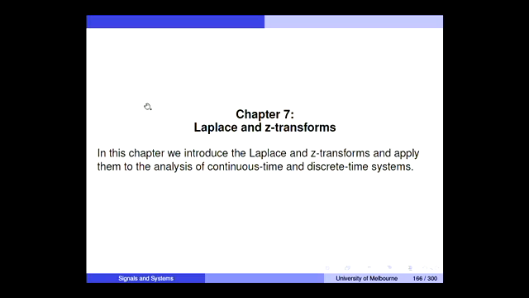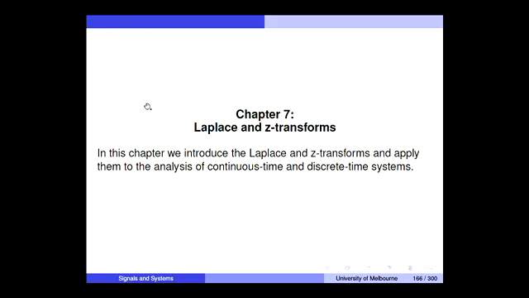Chapter 2 is in time domain, while chapter 6 is in frequency domain. They are very similar concepts. And now we will consider the Laplace transform for continuous time signals, and the Z transform for discrete time signals.